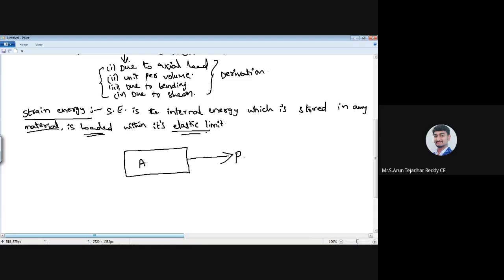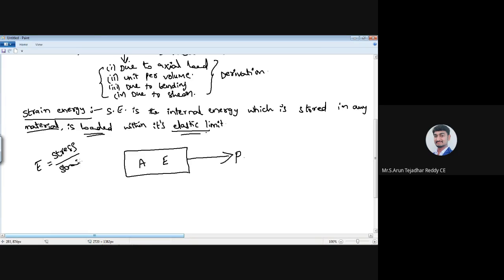In this total material, this is the total area. In this area, the modulus of elasticity E will be developed. What do you mean by modulus of elasticity? Stress by strain.